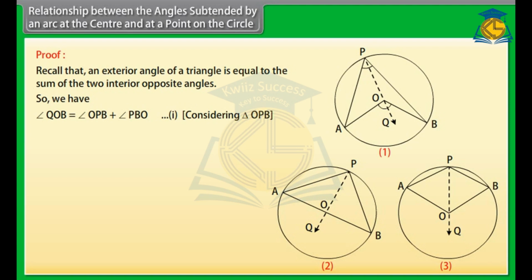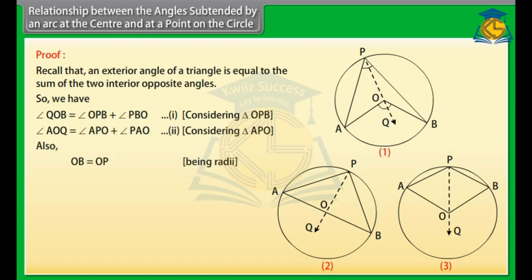Considering triangle OPB. Angle AOQ is equal to angle APO plus angle PAO, (2). Considering triangle APO. Also, OB is equal to OP, being radii, so angle OPB is equal to angle PBO, and OA is equal to OP, being radii.